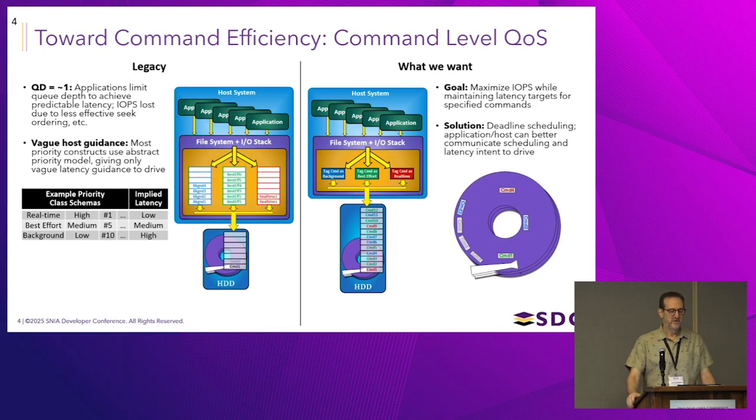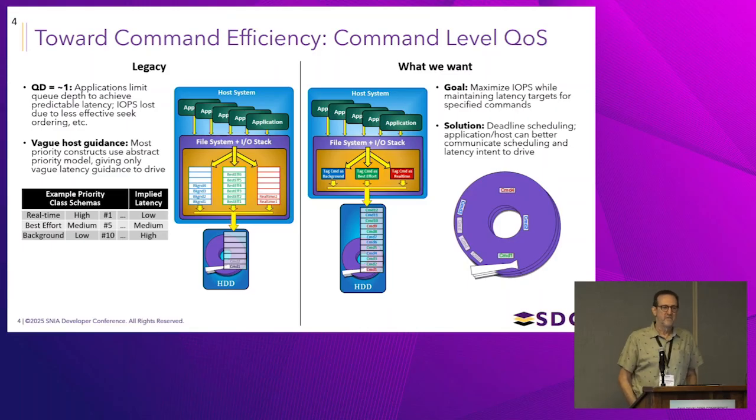Okay, so where we stand today is that, historically, the hosts and applications have been limiting queue depth to very low numbers. They're doing that so that they can achieve predictable latency, typically. And the result of that is you lose IOPs. If you don't give the drive commands, it can't do anything with them to optimize for rotational and seek latency.